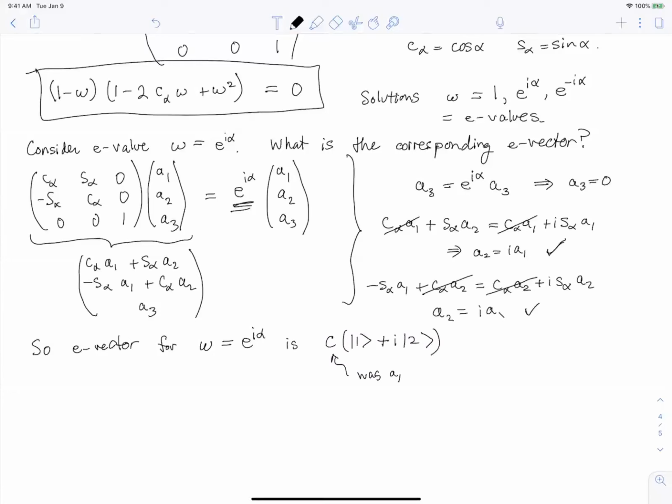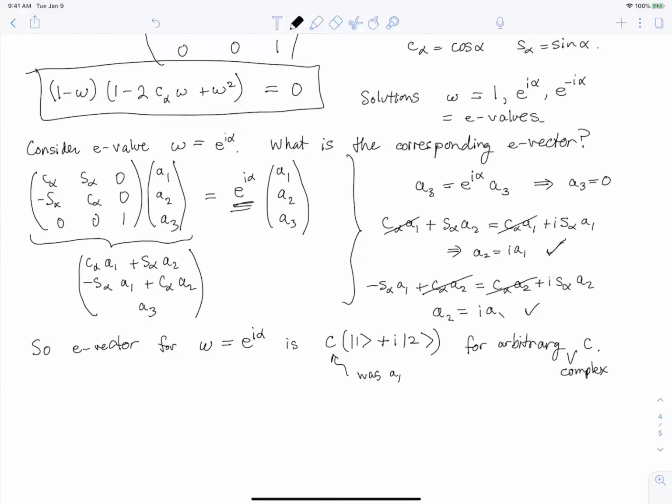But this is true for an arbitrary constant c. And that's a very general lesson that we are learning from this example: if you've got an eigenvector, you can multiply it by any complex constant you want, an arbitrary complex c, and you've still got an eigenvector with the same eigenvalue.